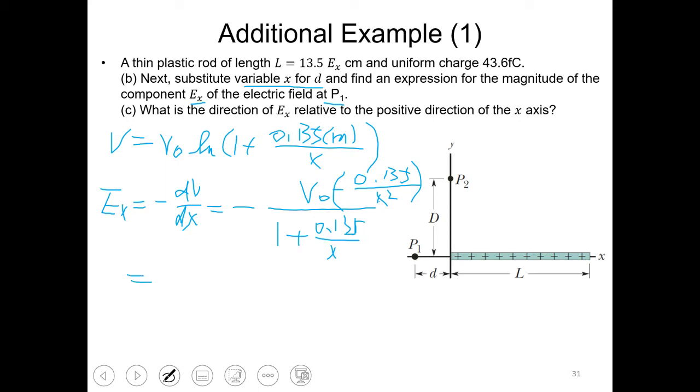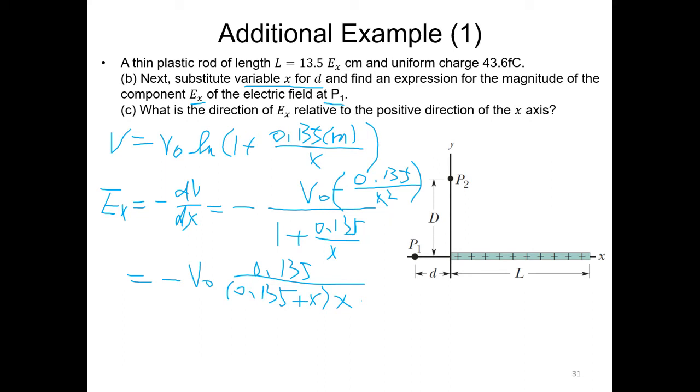So it will be somehow like minus V0 times 0.135 over 0.135 plus x times x, which is some algebraic calculation, because x squared is here, so you can put it here, and then you just cancel one of it.